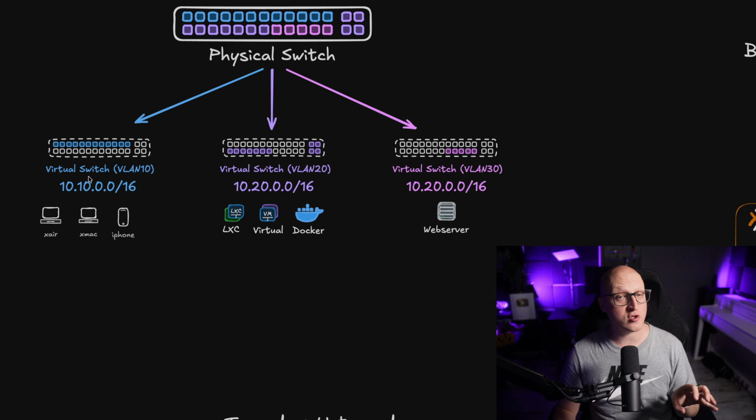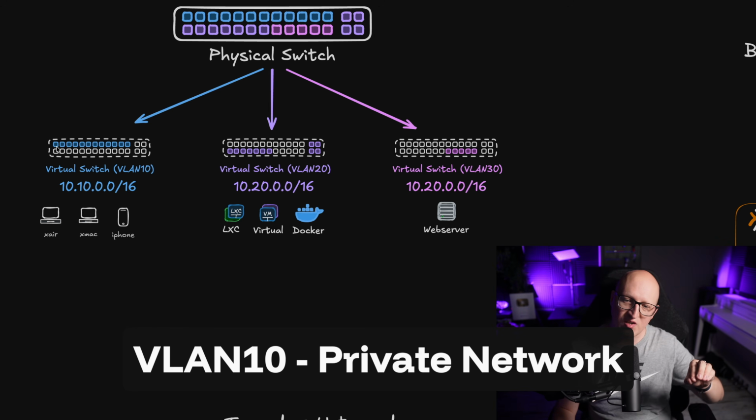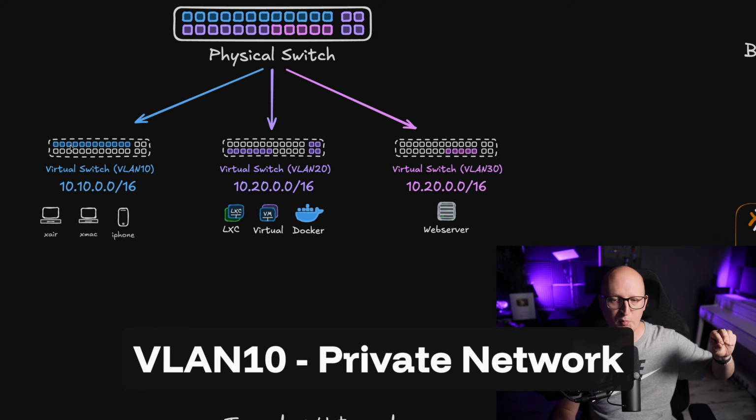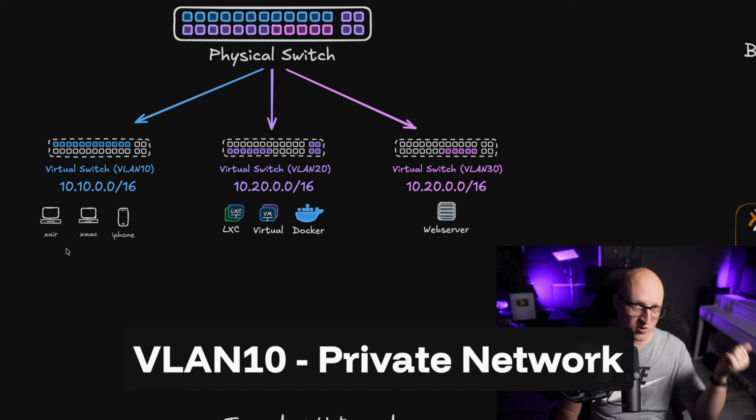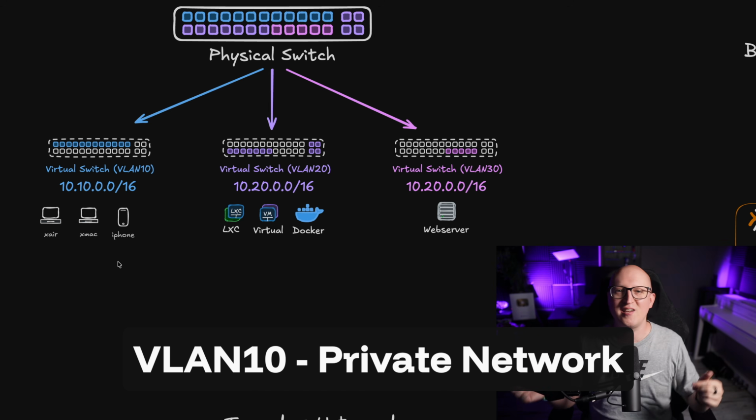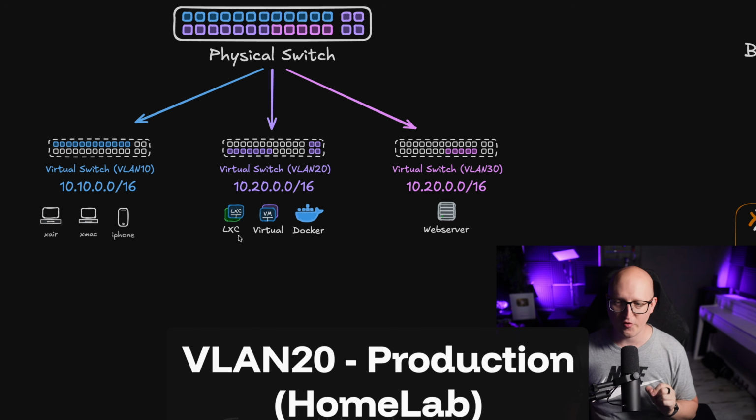I have 1 virtual switch for my private network. You can see I've mostly assigned all the ports on the top row of the switch to that VLAN, where my MacBook, my Mac Studio is, my iPhone, and of course other home devices like TVs and things like that. And then I have a virtual switch for my production network. So this is basically for my container workloads, the virtual machines, Docker environments, basically everything that you see in my home lab.